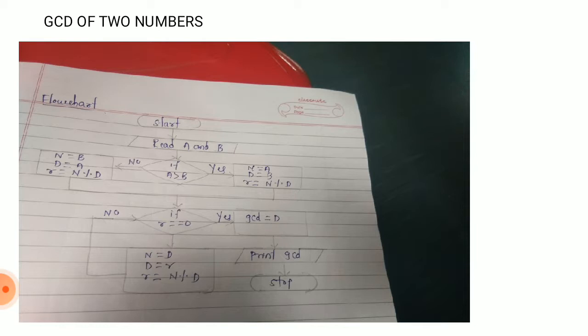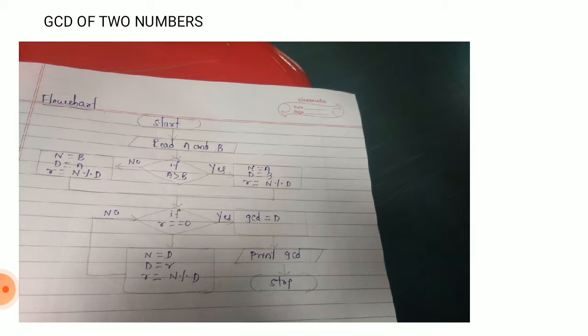If the condition is true, n is equal to a and d is equal to b, meaning numerator is equal to the first number, denominator is equal to the next number. After that calculate r, r means remainder, r is equal to n mod d. Then it comes to the next condition: if r is equal to 0, meaning whatever number you are dividing, if you get the remainder 0, then check.